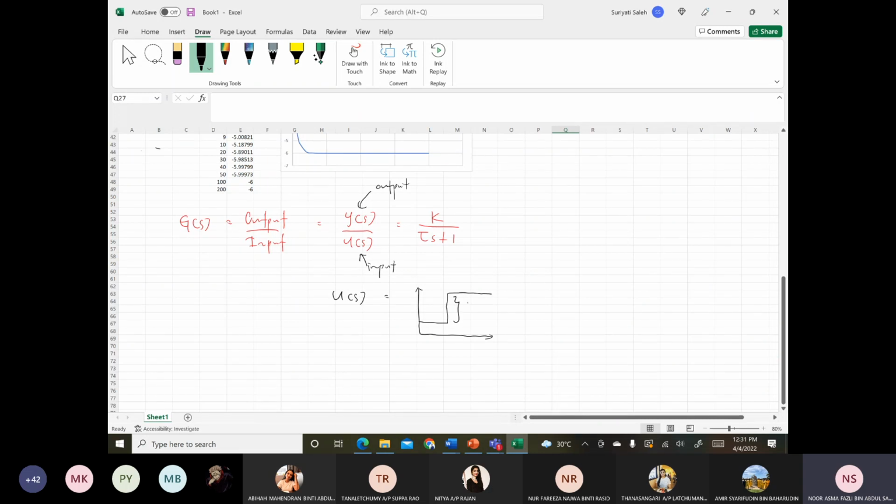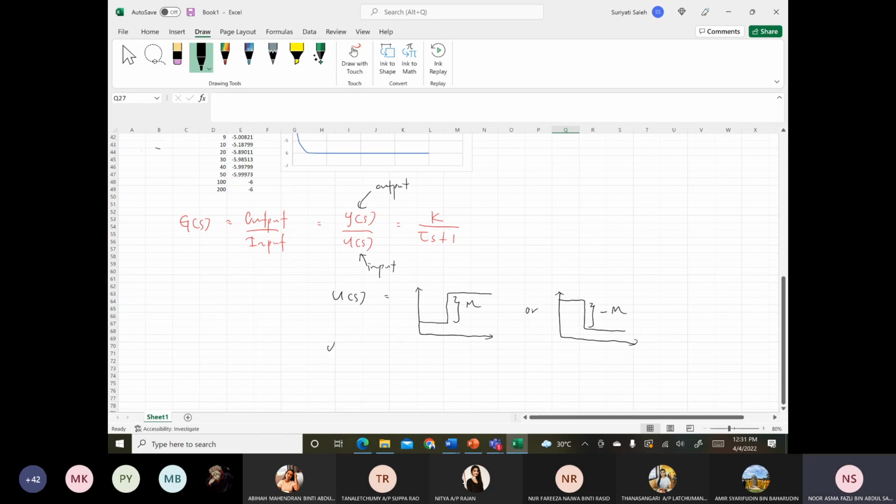The change, we call it magnitude M. Or the input can be decreased like this. So both have different kinds of values. When you increase, it becomes positive. When you decrease, it becomes negative M.